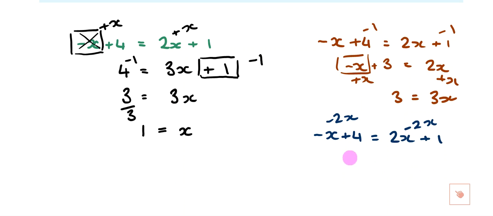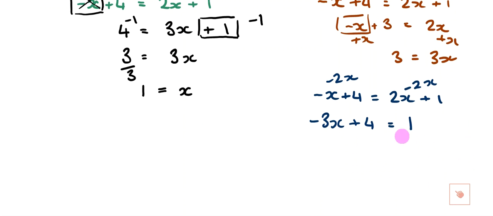Negative x, subtract another 2 x's is negative 3 x's. Negative 3 x's plus 4 is 1. They would then subtract the 4, and they get negative 3 x's equals negative 3.